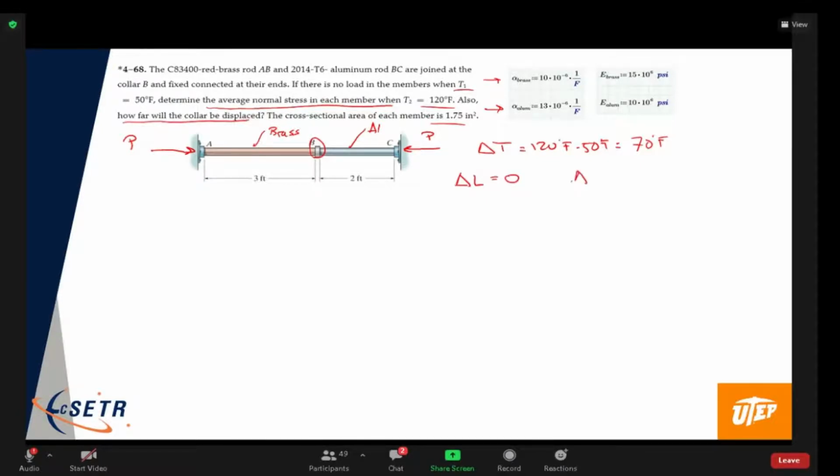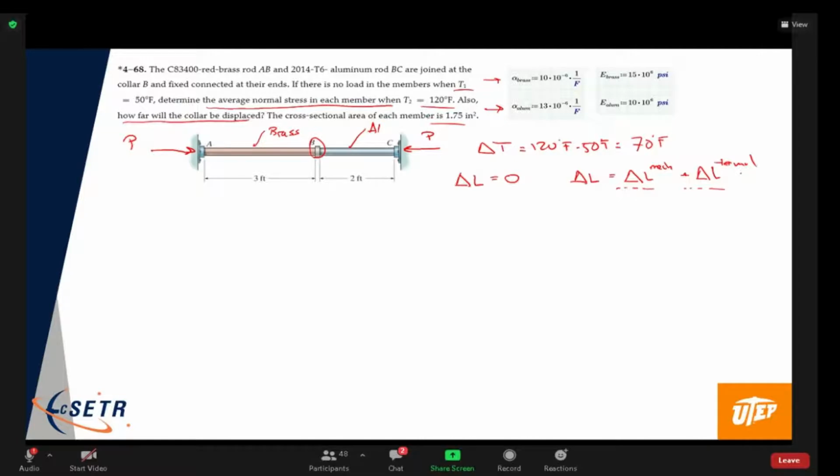And the measured change in length is going to be equal to the change in length due to the mechanical stresses plus the change in length due to the temperatures, okay? The thermal stuff, right? All right. Okay. So in this particular case, this is going to go to 0. So we have to compress it down by exactly what the free thermal expansion would be. So let's figure that out first, right?